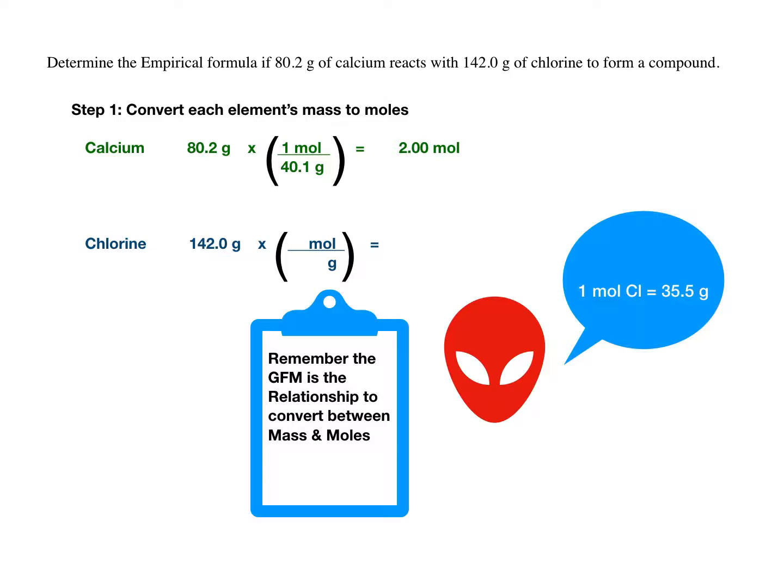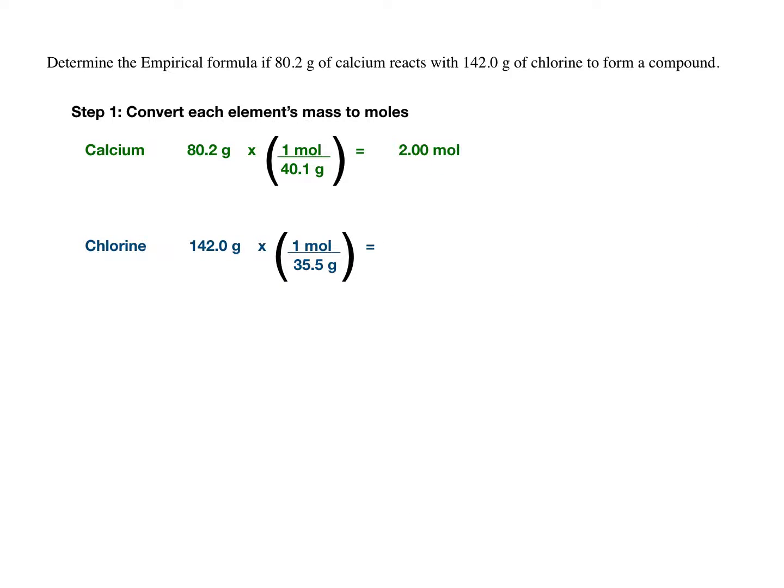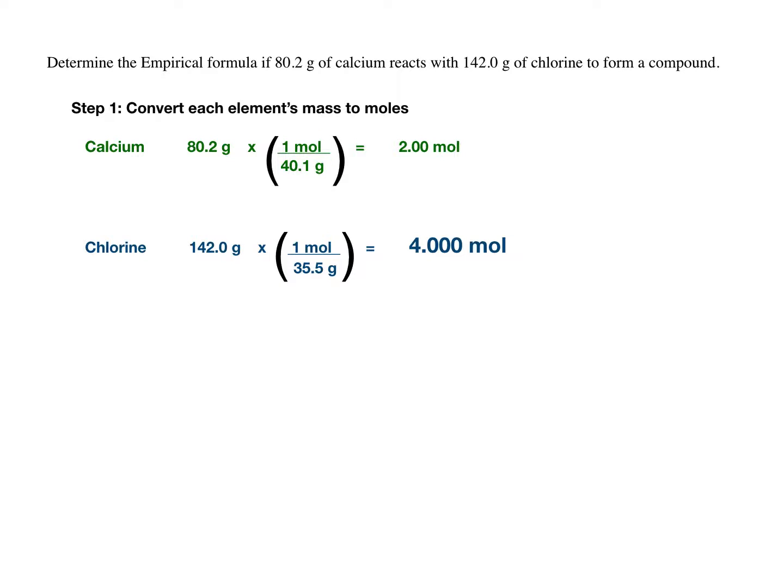Use this relationship for the chlorine's fractional relationship. Your work should look like this. 142.0 grams times 1 mole divided by 35.5 grams. So when you put this into your calculator, it works out neatly to 4.000 moles. Step 1 is done.